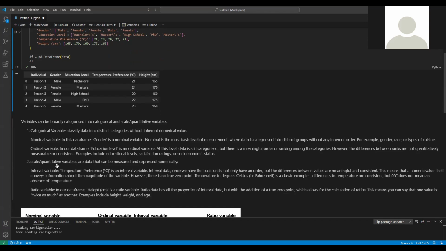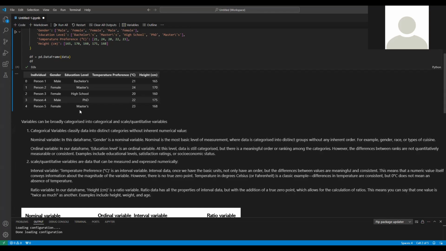Broadly speaking, this is data that can be measured and expressed numerically. We could directly use numbers to tell you that person's favorable temperature and height. So this kind of data is called scale or quantitative data.